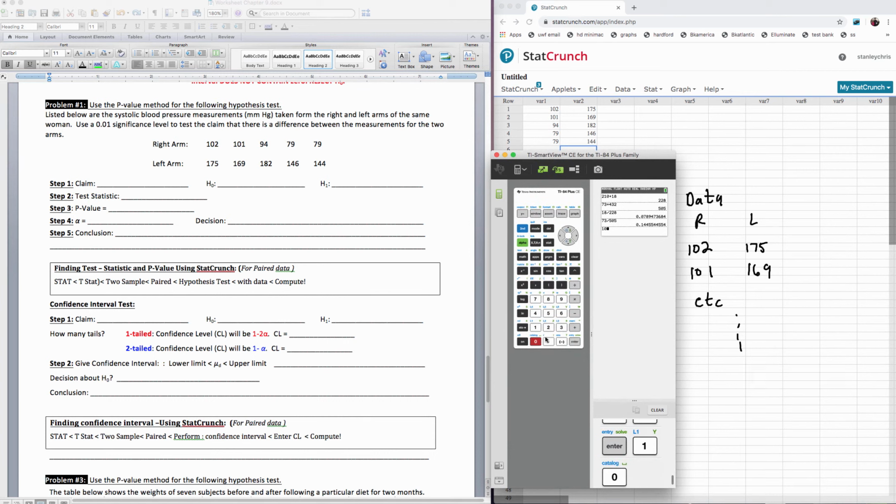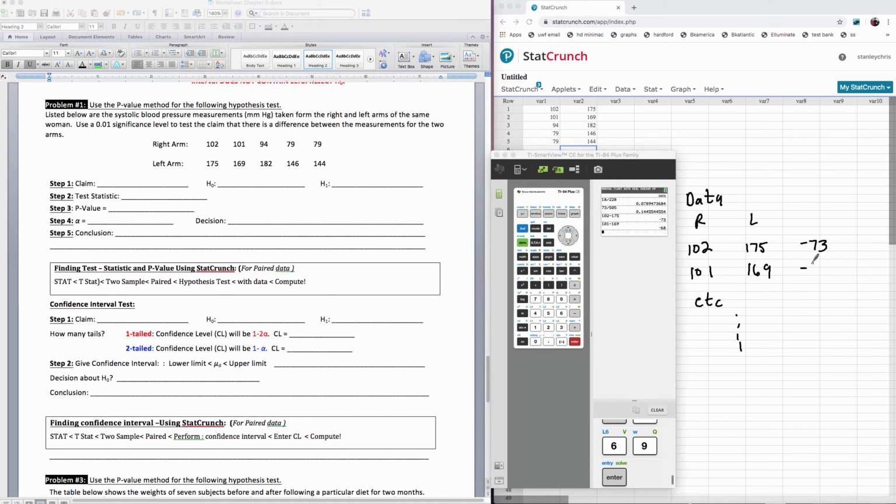Now, what we do is we see how different they are. So we do 102 minus 175. So her right arm was minus 73. So the blood pressure was 73 less on the right arm. We do the same thing with the next one, and we get a minus 68.